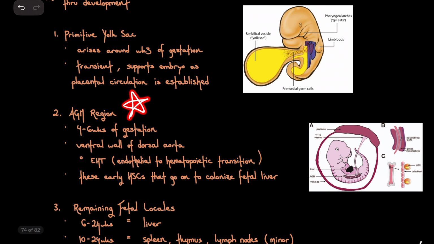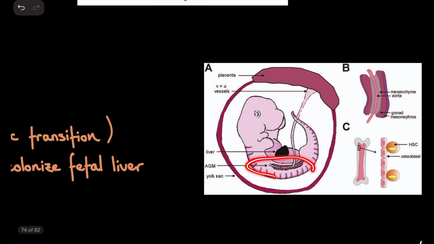And I'm less concerned about this. I really just wanted you to have this for consistency's sake. This is a more embryological-heavy concept, but in the early weeks of gestation, on the developing tubes, like back here, and then here's another area right here, this is called the AGM region.